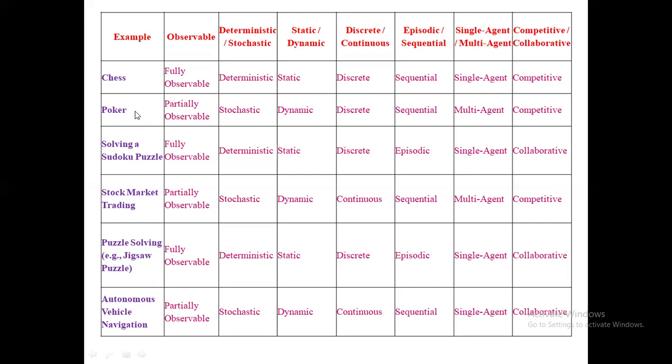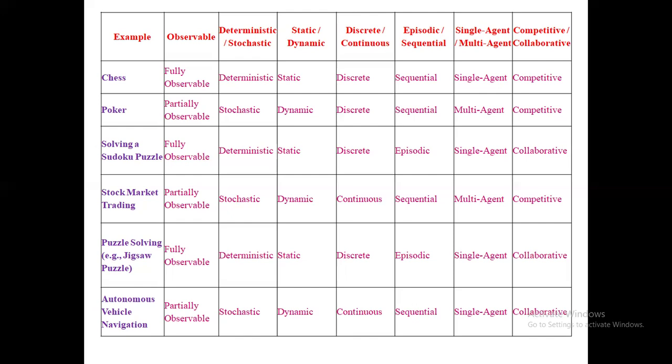Next, if you are considering the example of poker, poker presents a partially observable environment since players cannot see each other's cards, introducing uncertainty. It is stochastic due to the randomness of the card distribution and dynamic as the state of the game evolves with each round.